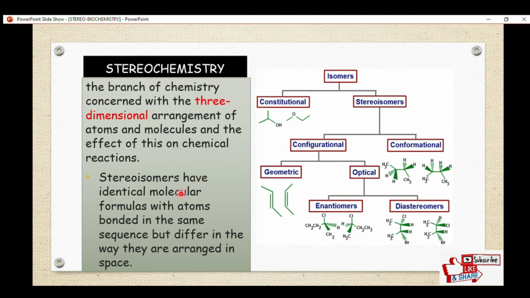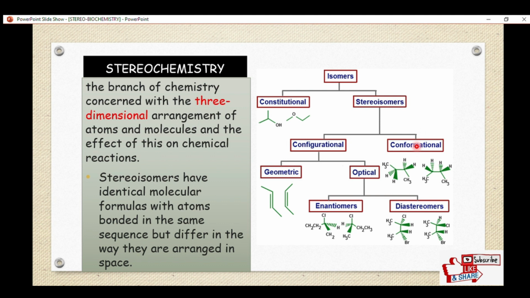Stereoisomers have identical molecular formula. They are atoms or molecules with the same formula, with atoms bonded in the same sequence, but they differ in the way they are arranged in space. Within stereoisomers, we have configurational isomers and conformational isomers.